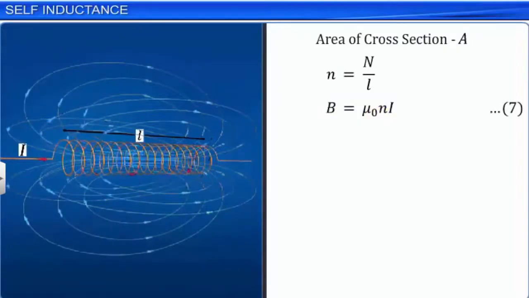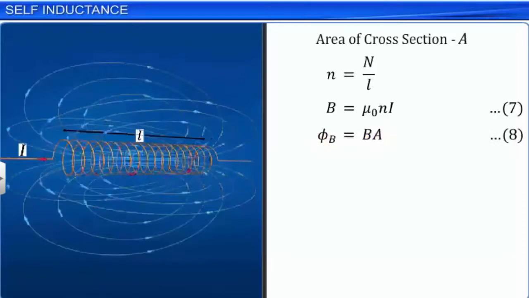Here, we neglect the edge effects of the solenoid, thus assuming the magnetic field in the solenoid to be uniform throughout. The magnetic flux is equal to the product of the magnetic field strength and the area. Thus, ΦB equals BA. Let this be equation 8.